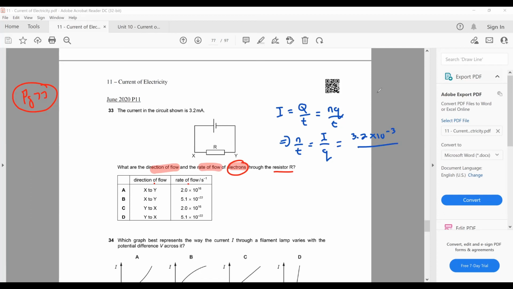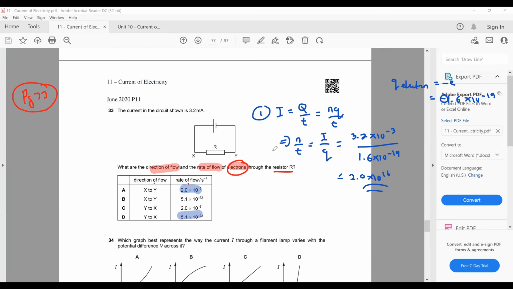Now the charge of an electron is actually negative e, which is negative 1.6 times 10 power minus 19. But you don't really need to bother about the negative sign here because we're just interested in the magnitude. So this is 1.6 times 10 power minus 19. 3.2 times 10 power minus 3 divided by 1.6 times 10 power minus 19. You're going to get 2.0 times 10 power 16. This is number 1.